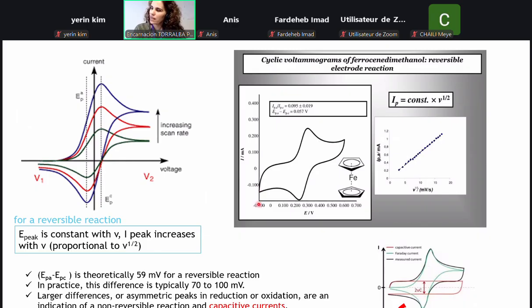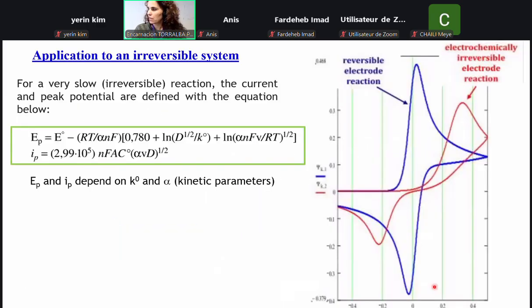If we have something like that, this is related with the capacitive current. Normally, the thicker this is, the more porous our surface is, because the more porous, the more current to charge the double layer, for example. Okay. Voila. From here, depending on the signal, you can see if it's reversible or not reversible.